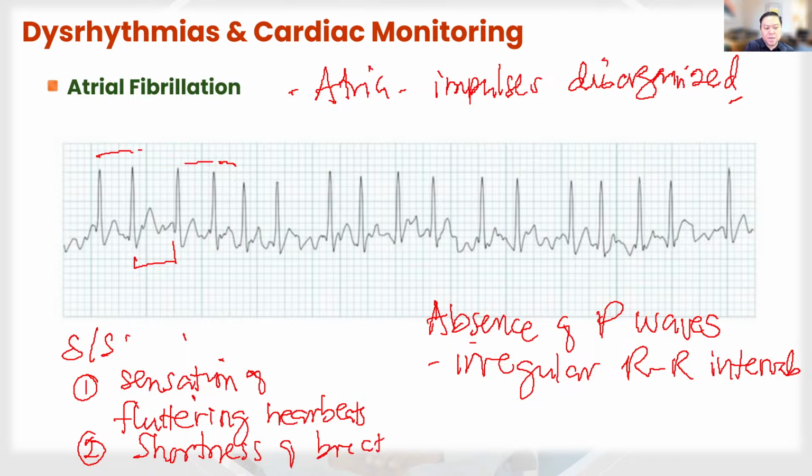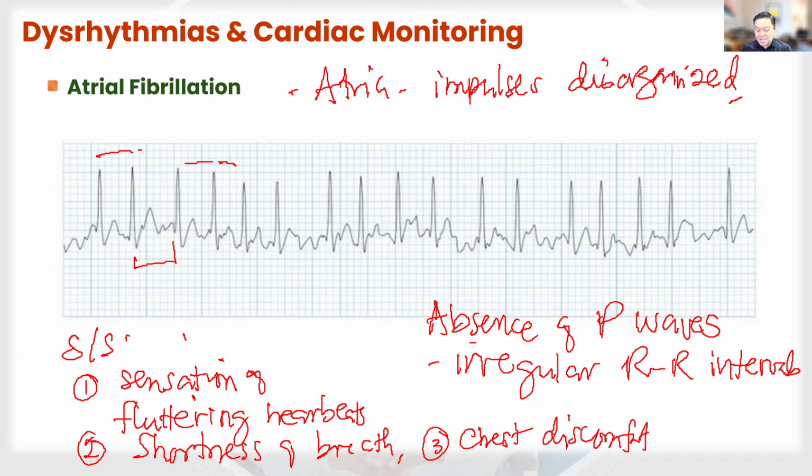Shortness of breath. They probably would end up with chest discomfort. And maybe they will become fatigued because they're not getting enough oxygenation, because the atria are just way too busy but ineffective in pumping the blood coming from the atria to the ventricles.